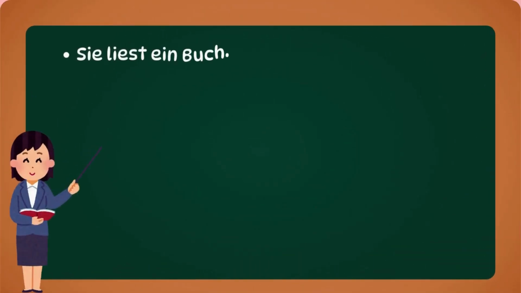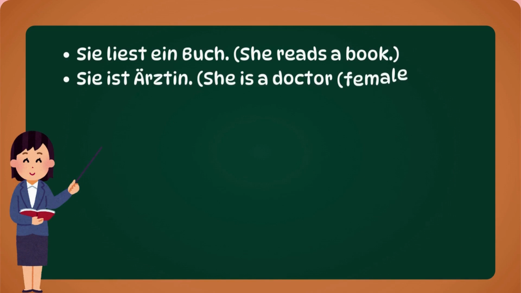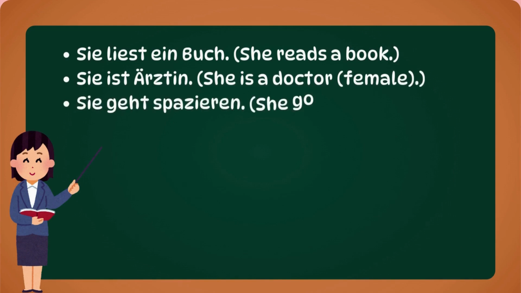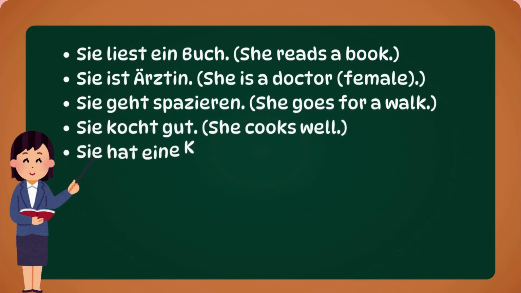The next pronoun is sie. Here the word sie means she. Example number 1. Sie liest ein Buch, which means she reads a book. Example number 2. Sie ist Ärztin, which means she is a doctor. And here, this Ärztin means a female doctor.